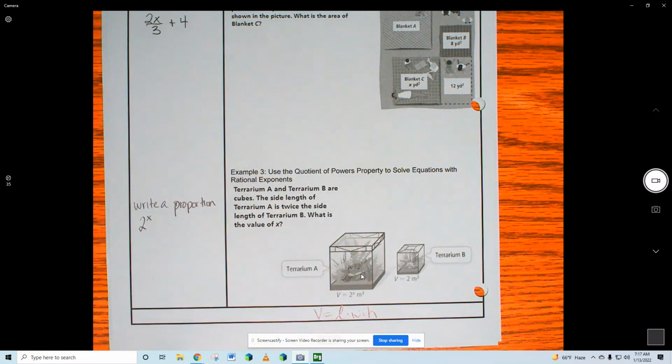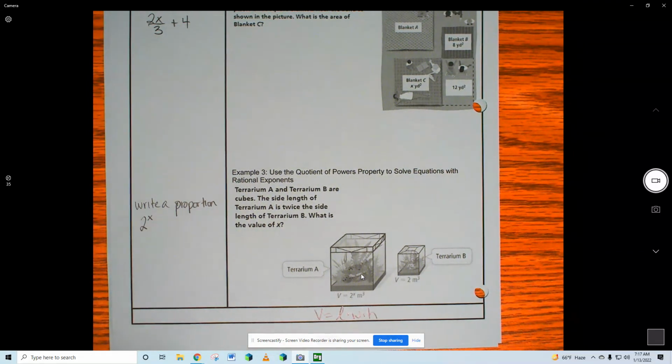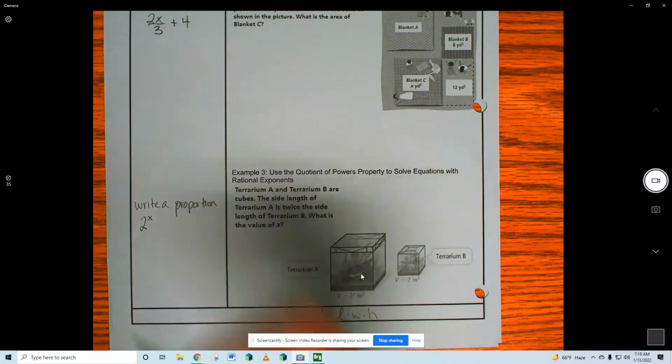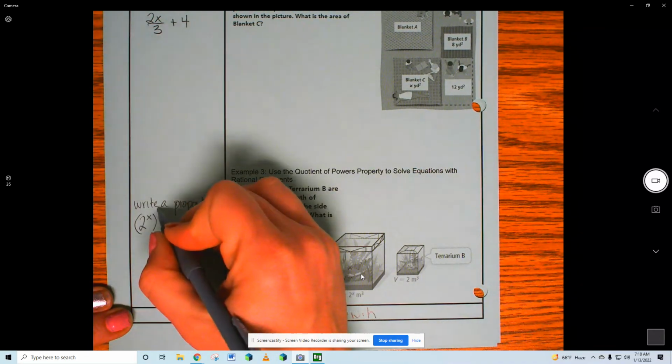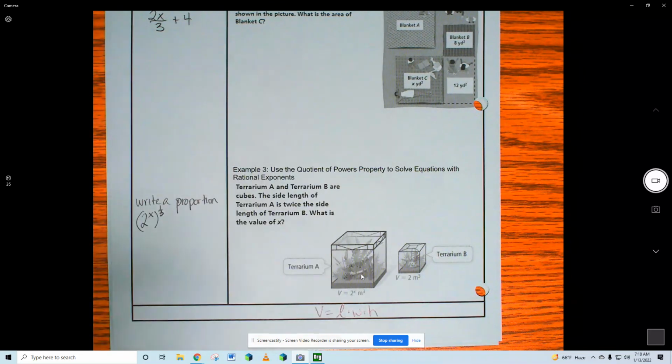Now, length times width times height means I need to multiply 3 things together. Length times width times height. They're all the same number, though, because it's a cube. Yes? So, I'm going to raise this to the 1/3 power because I don't know what the 3 numbers are. So, it's like the inverse of 3, the reciprocal of 3. Length times width times height. 3 numbers multiplied.